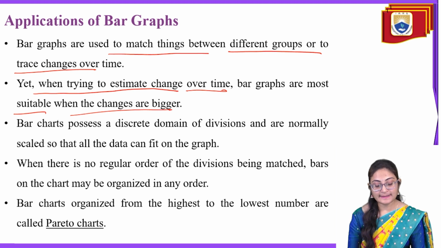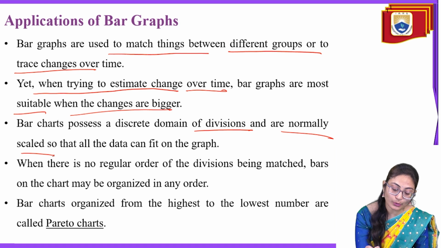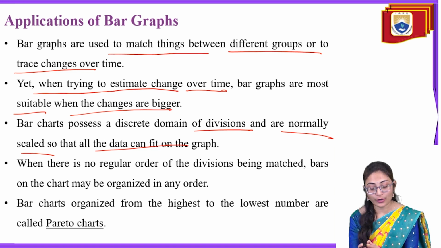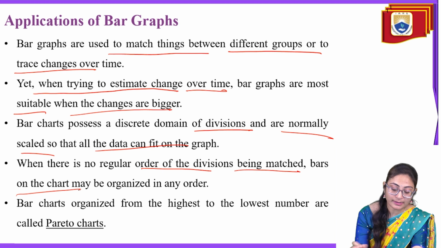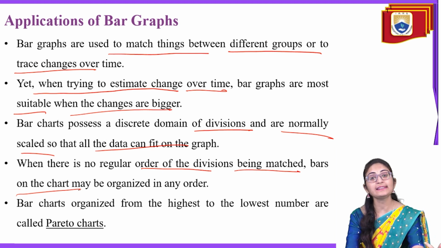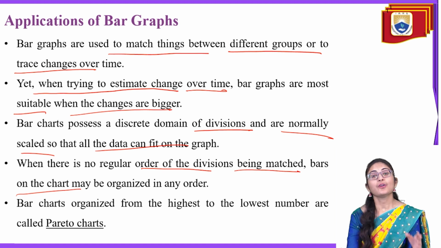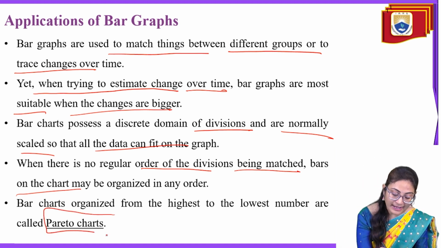Bar charts possess a discrete domain of divisions and are normally scaled so that all the data can fit on the graph. When there is no regular order of the divisions being matched, bars on the chart may be organized in any order. Then bar charts organized from the highest to the lowest number are called Pareto charts.